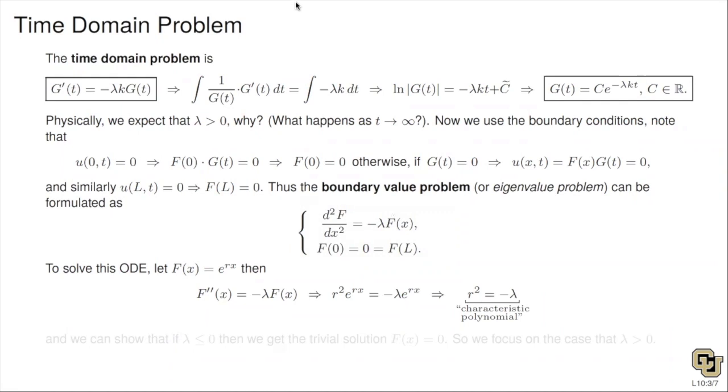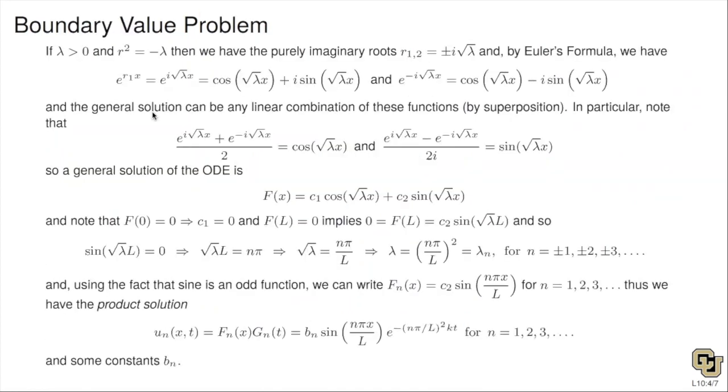Yeah, it's a great question, and it's complicated. Sean asks, each product Fn times Gn is a solution, and could they each have a different coefficient in front? Let me go back to that slide. Now we create the product solution here, and each one of these is a solution.